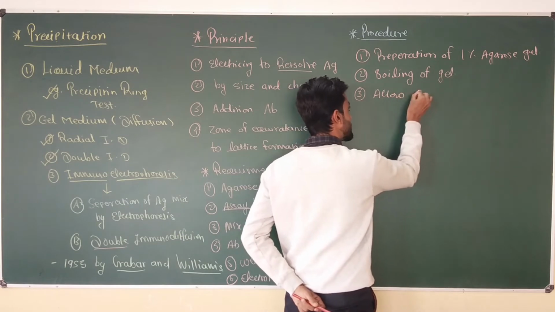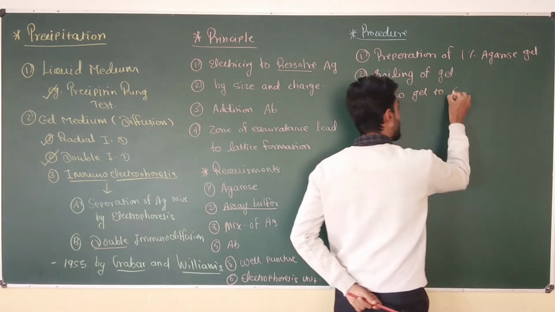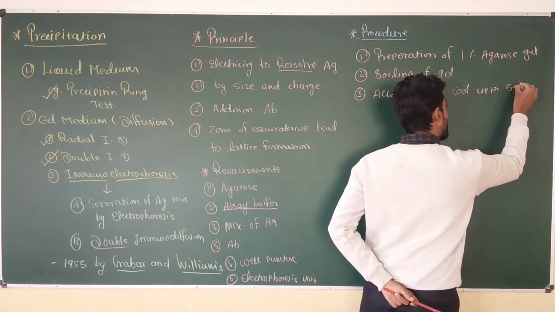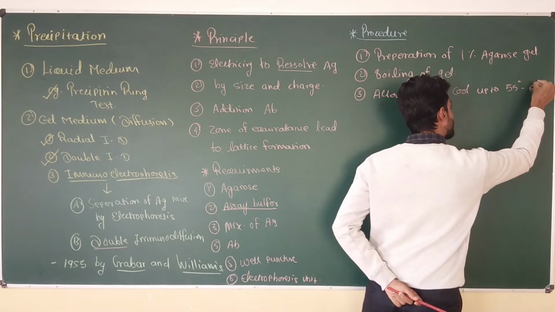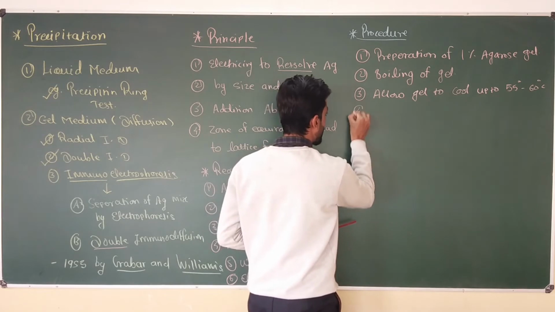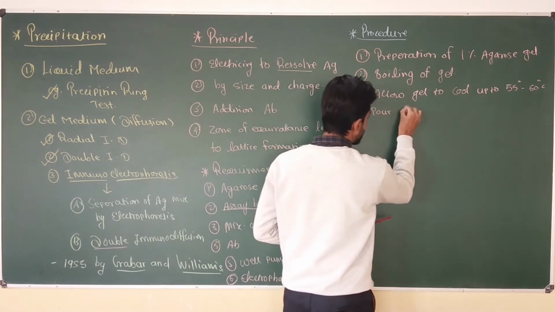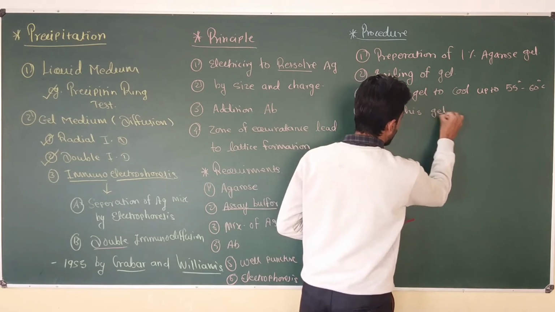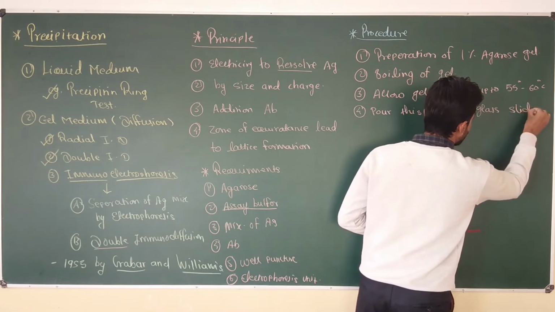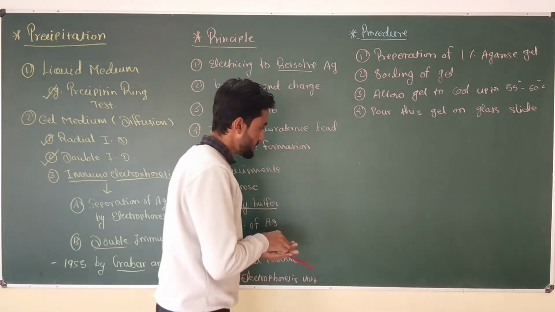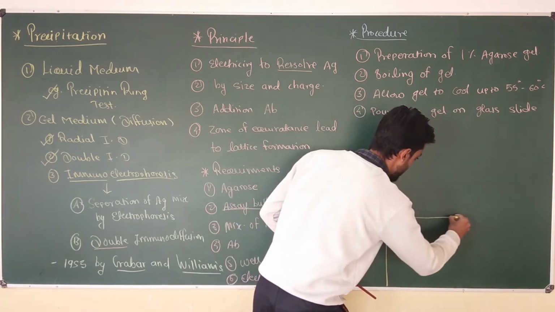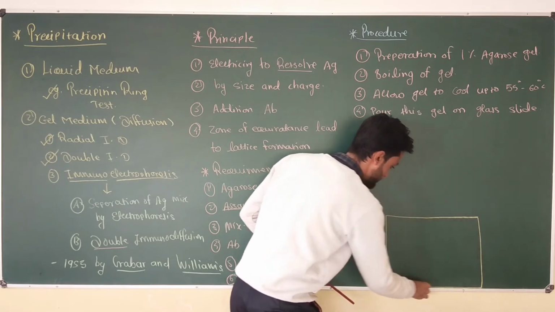After this, the next step is to allow the gel to cool to 55 to 60 degrees Celsius. After that you can pour this gel on a glass slide. Suppose this is your clean, grease-free glass slide.